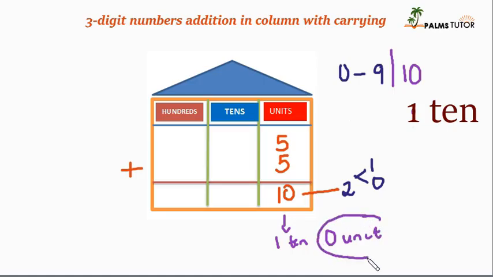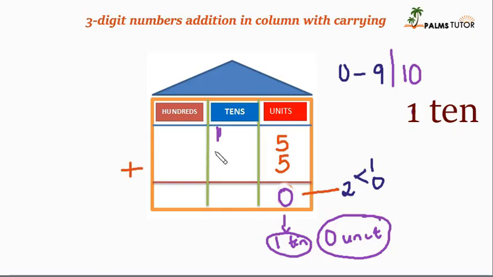Therefore, 10 units equals 1 ten and 0 units. 0 units will be in the right place, but 1 ten will be carried to the tens house. So we don't write 10, we write 0 and keep 1 in the tens place.